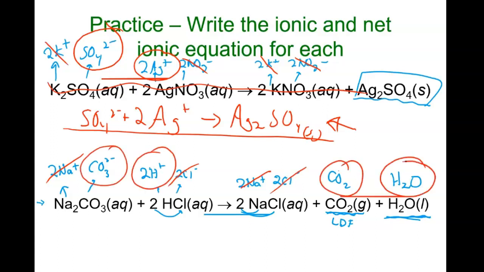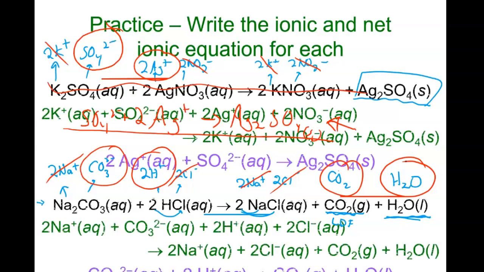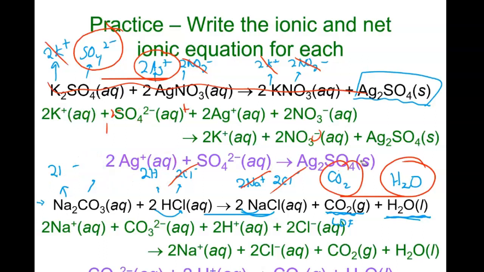This is what is going to be our net ionic equation. So again, you can see it's a little trickier when it's not just a straight double displacement reaction. That's a little messy. Let me just delete this so you can see these. There you go, that's better.